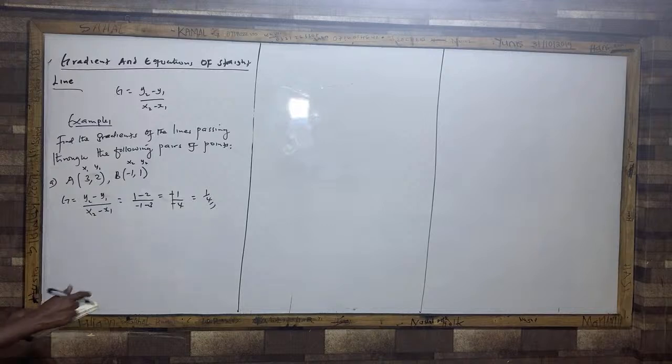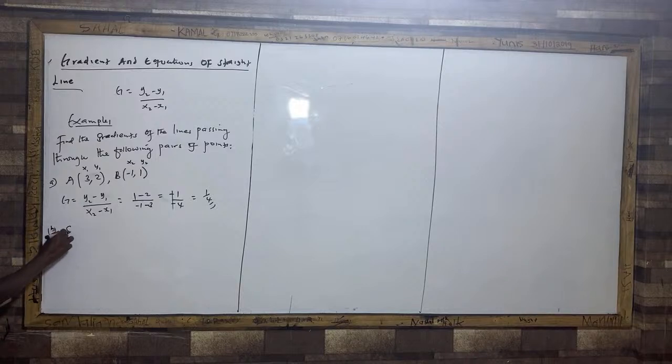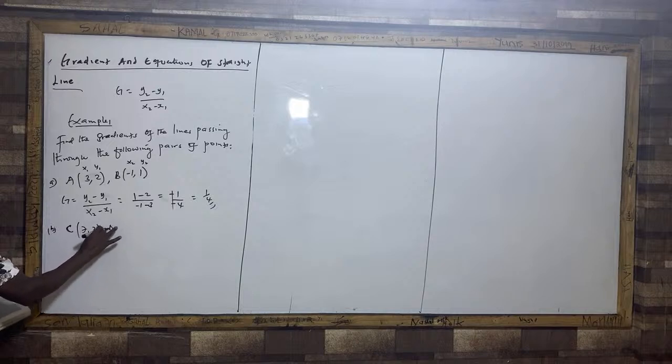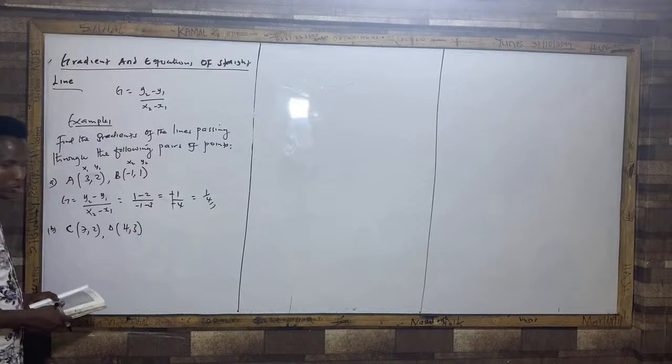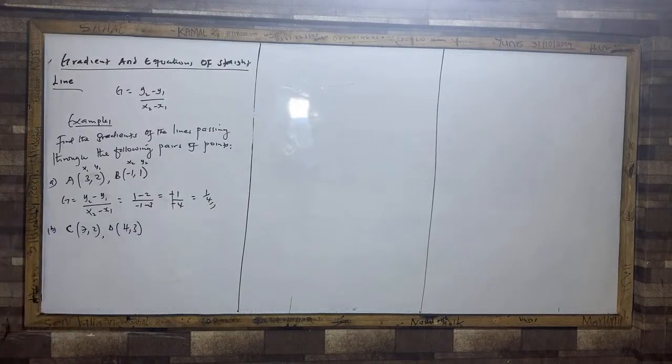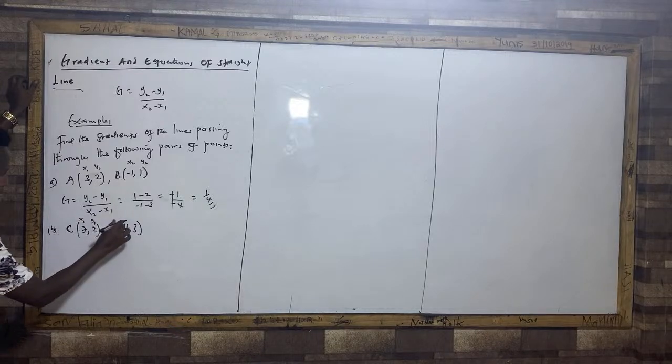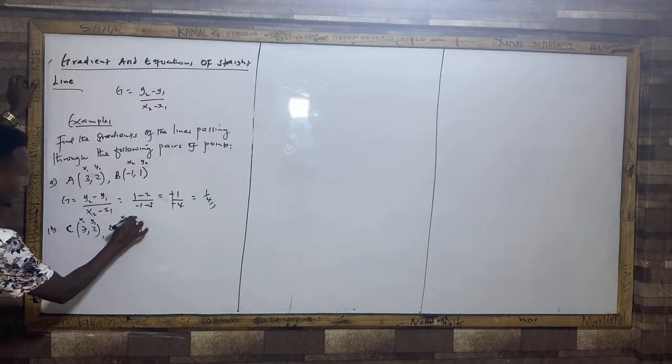Now let's see question B. We have point C, 7, 2, and D again as 4, 3. So what are we going to do again? We will write on top of these points x1, y1, then x2, y2.